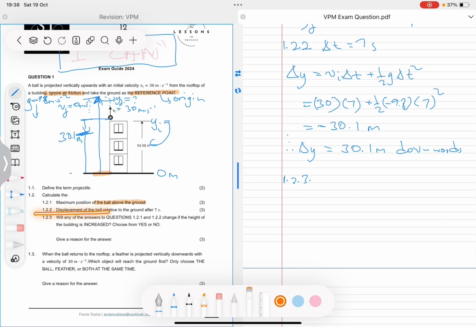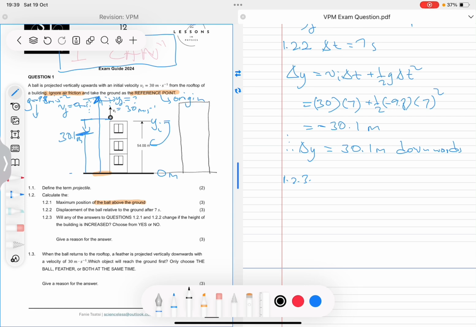So when they ask you this question, basically the examiner is trying to appeal to you to say, look at your answers that you got here and see if they make sense, right? That's the whole point why they ask you these questions, right? So now, if we look at this problem, we're saying here that the building has been increased, right? So the building here gets taller. It's now increased.